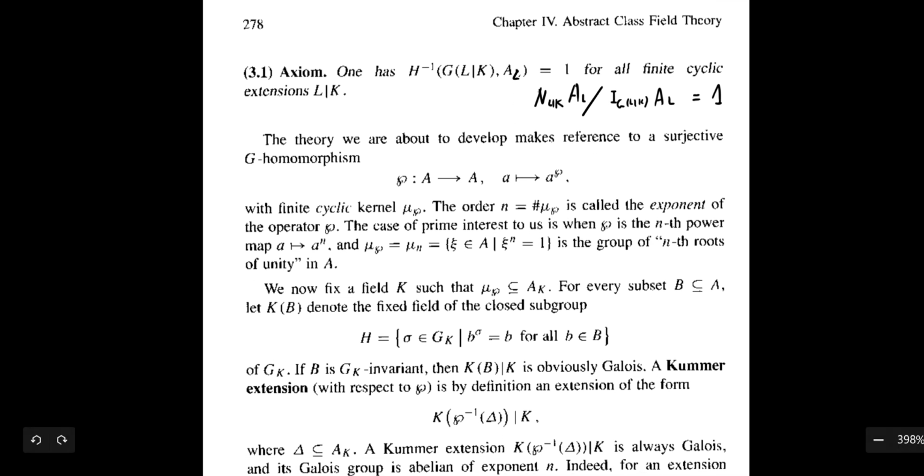The theory we are about to develop makes reference to a surjective homomorphism with finite cyclic kernel mu p. The order is called the exponent of the operator.